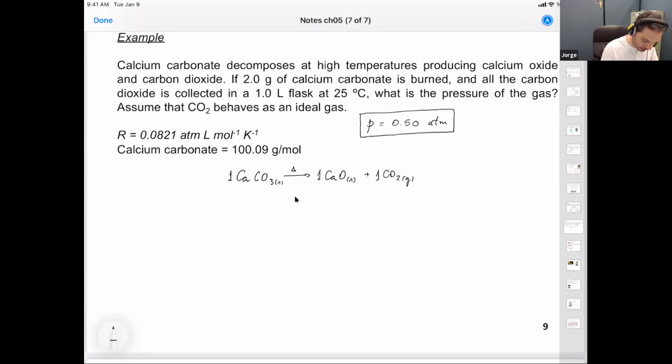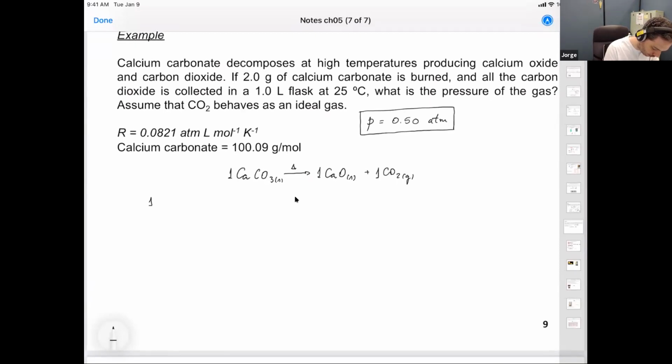So let's correlate the reagent with CO2 because CO2 is the gas product and it is the product that we are interested in. From the reaction, we know that 1 mole of calcium carbonate produces 1 mole of CO2.